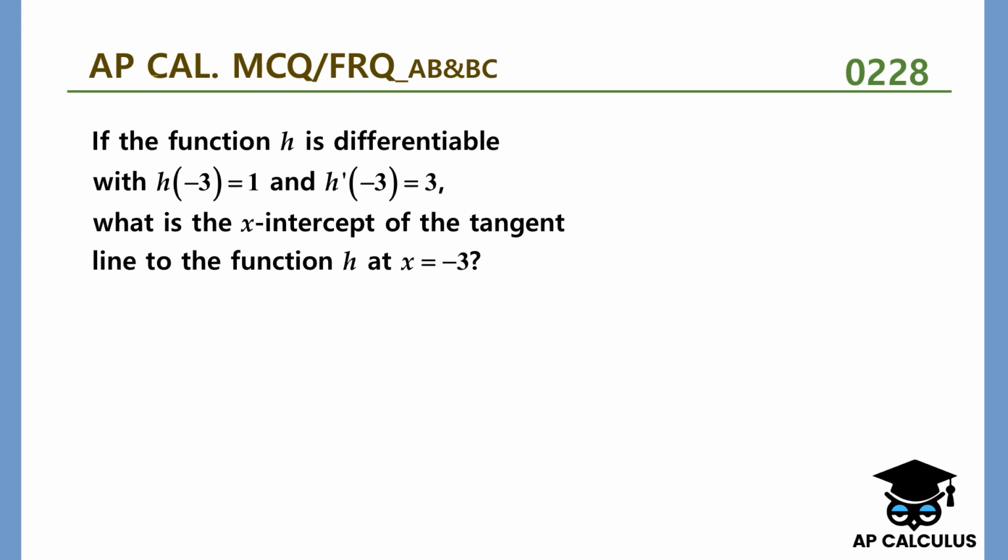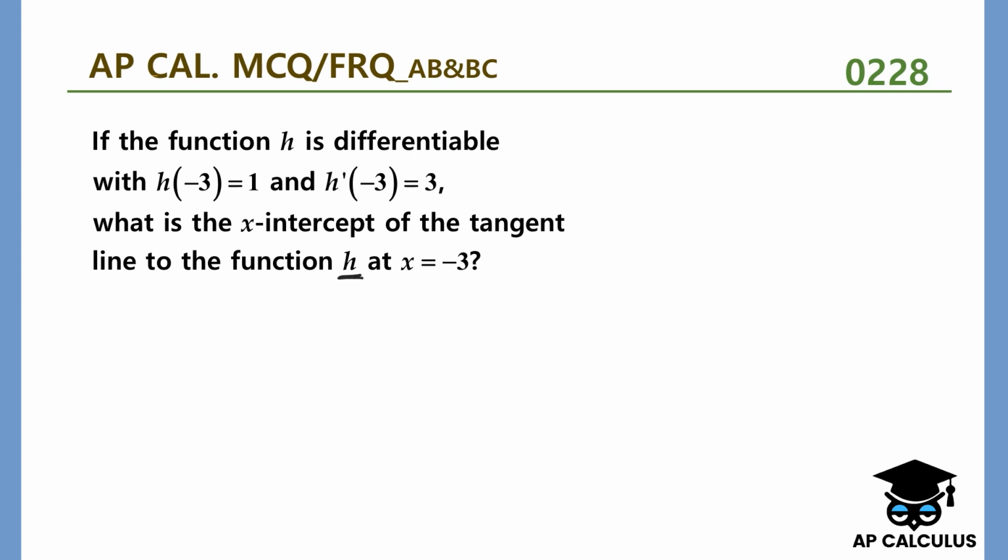Question 228. If the function h is differentiable with h of negative 3 equal to 1 and h prime of negative 3 equal to 3, then what is the x-intercept of the tangent line to the function h at x equal negative 3? Okay, so we have to find the equation of the tangent line to the function h, right?